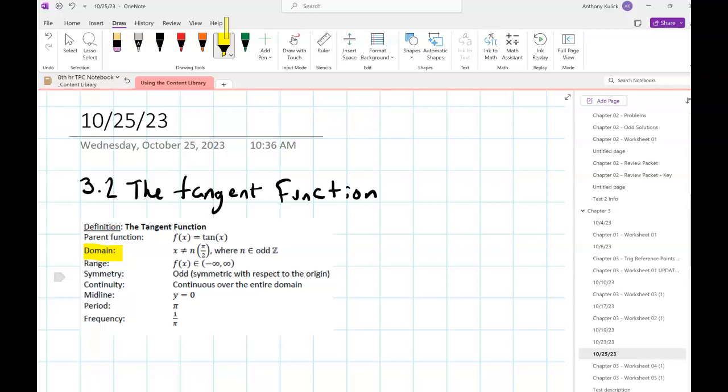Everywhere where x is an odd multiple of pi over 2, the graph is undefined.